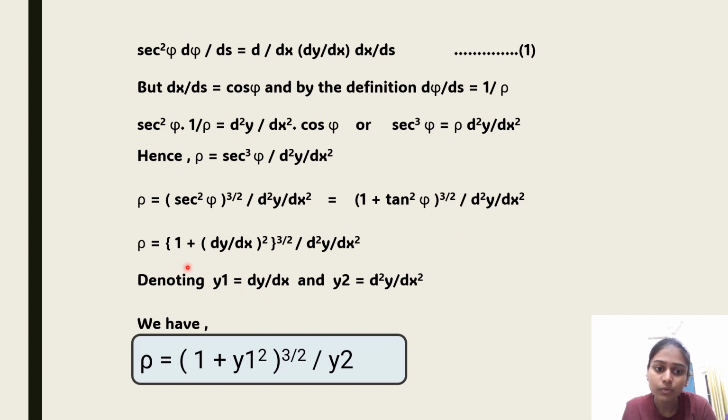Rho is equal to 1 plus dy by dx whole square, and whole to the power of 3 by 2, divided by d square y by dx square. Denoting y1 is equal to dy by dx and y2 is d square y by dx square, we get the equation rho is equal to 1 plus y1 square power 3 by 2 divided by y2.